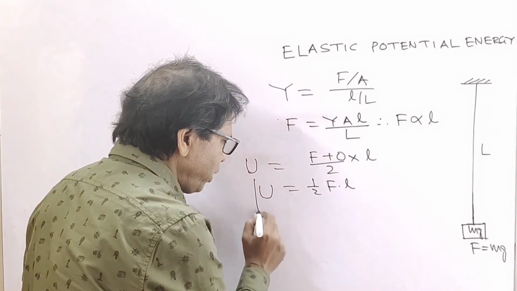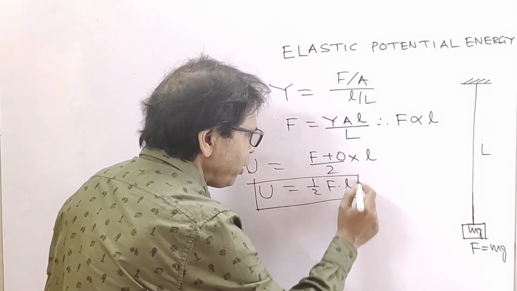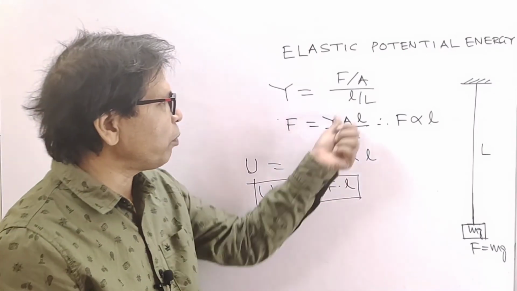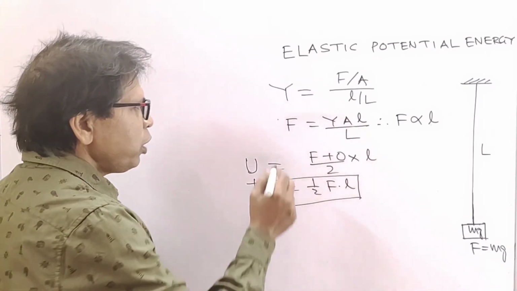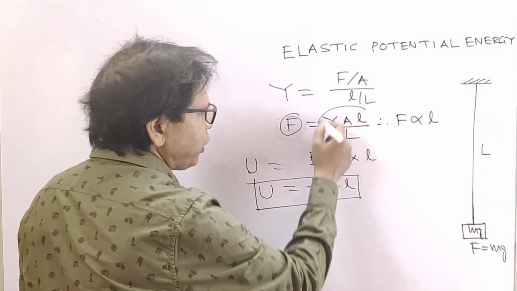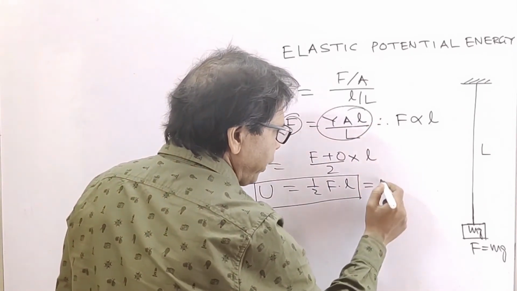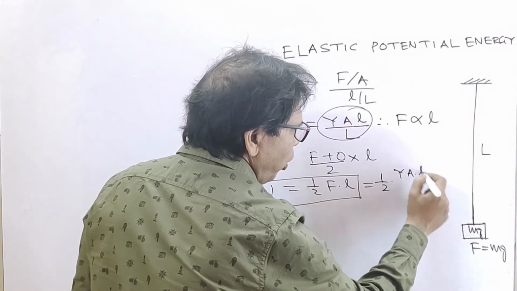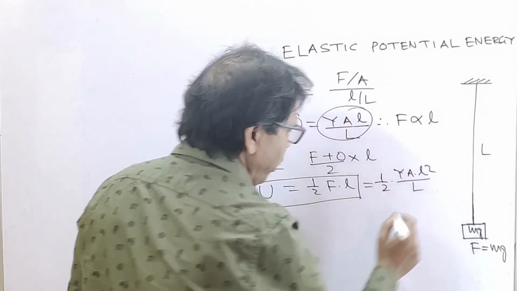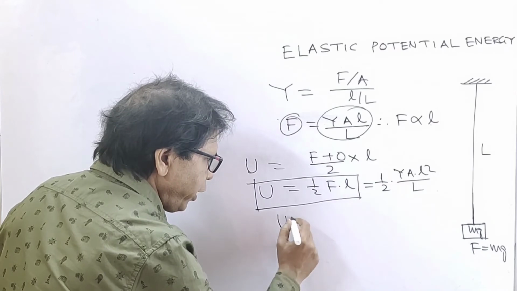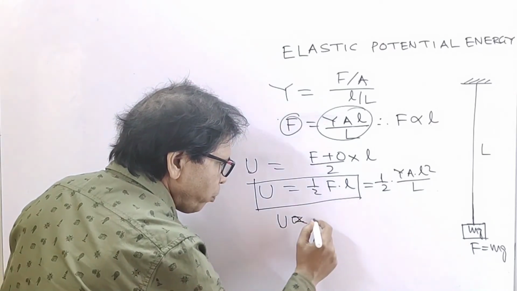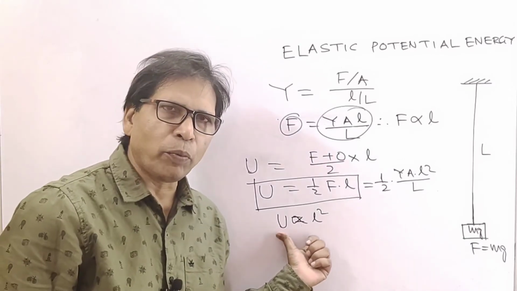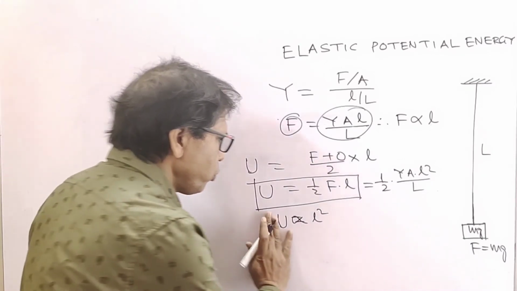This is the expression for potential energy. Now this energy can be expressed in terms of Young modulus. If we replace F by this formula, we get half Y A small l square divided by L.